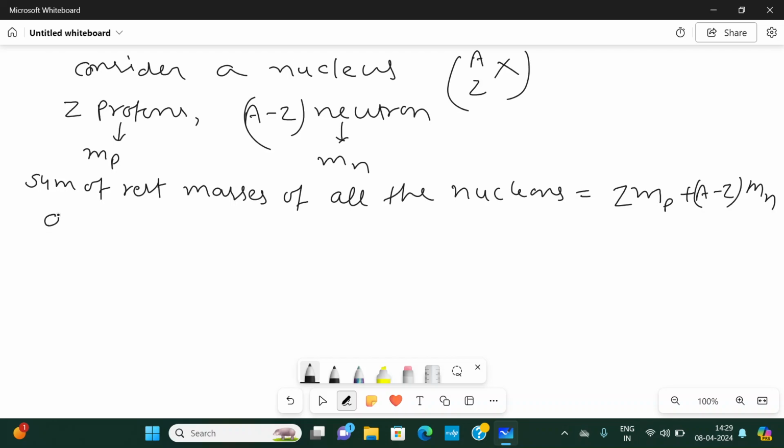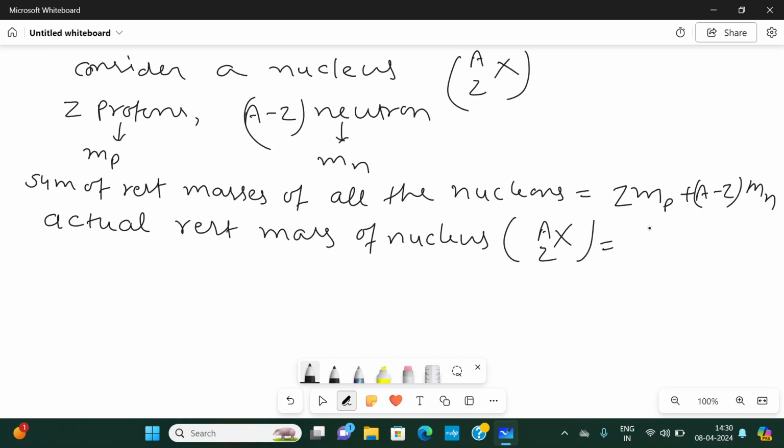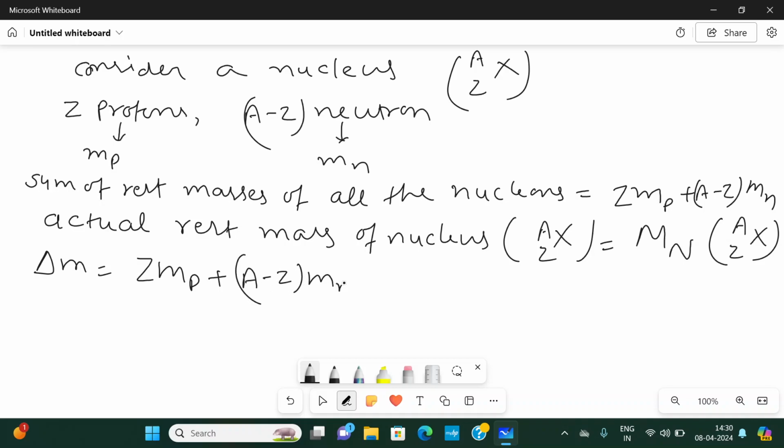And now the actual rest mass of nucleus. We need the actual rest mass of nucleus also to find out the mass defect of nucleus of this element. Let us denote it with M_N of A Z X. Then mass defect will be the sum of rest masses of all the nucleons, that is Z mp plus A minus Z mn, minus actual rest mass of nucleus of this element.